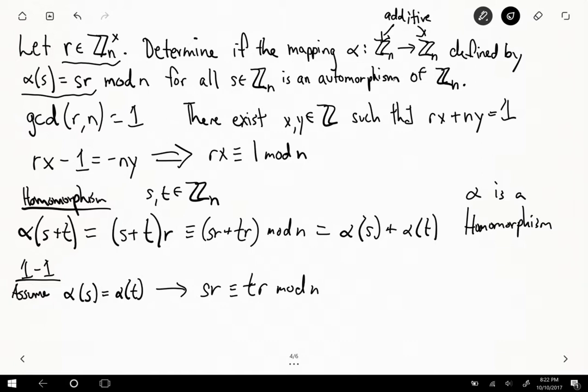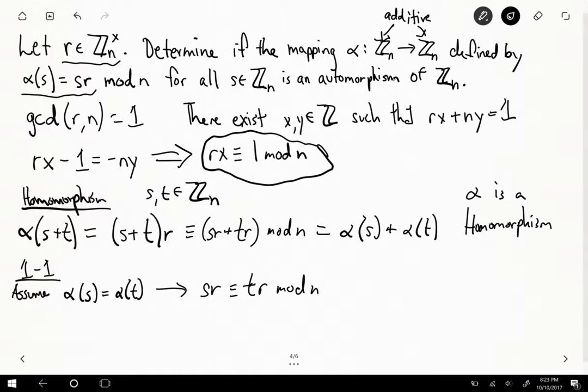Okay, well, where can we go to actually solve this? Well, we actually have a nice piece that we mentioned before. Since the GCD of n and r equals 1, there exists an x such that r times x is congruent to 1 mod n. That's just from our linear combinations. We talked about that at the beginning of the semester.